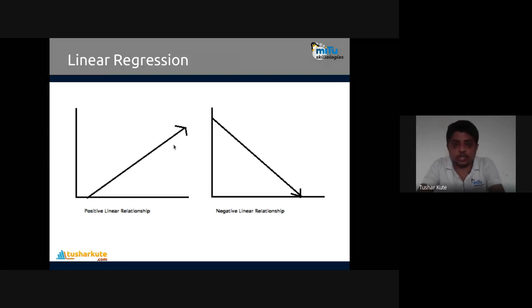If the plot is horizontal, it means x increases but y is constant. If the plot is vertical, it means x is constant but y is increasing. So they don't have any relationship between them. Here we have a positive linear relationship, shown with roughly a 40-degree angle.